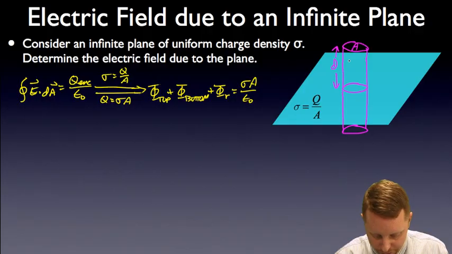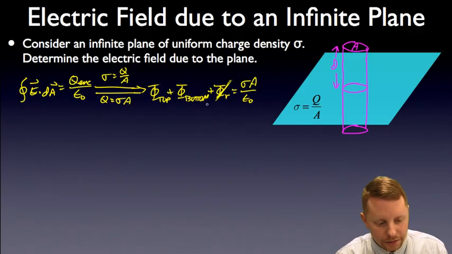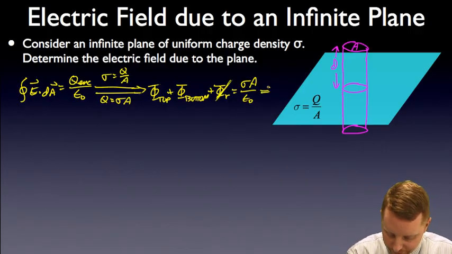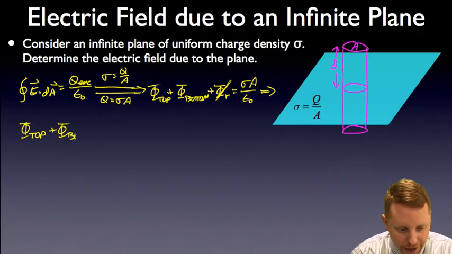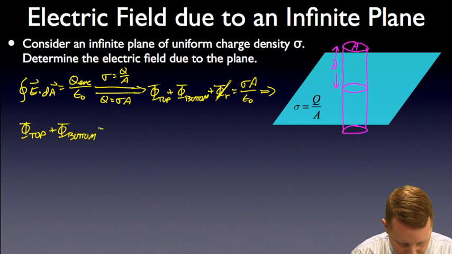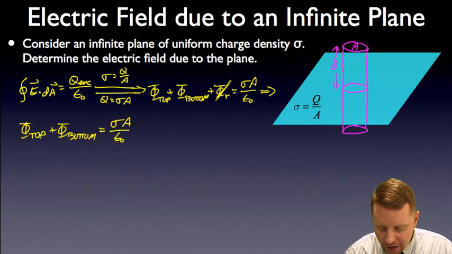And by symmetry, of course, we can say that the flux through the sides is going to be 0. Therefore, the flux through the top plus the flux through the bottom must be equal to sigma A over epsilon naught. And the flux through the top is just going to be the electric field times A because everything's perpendicular.